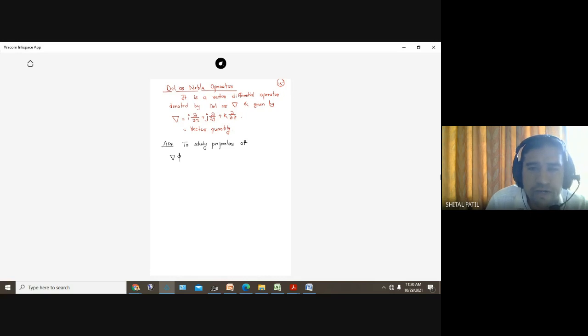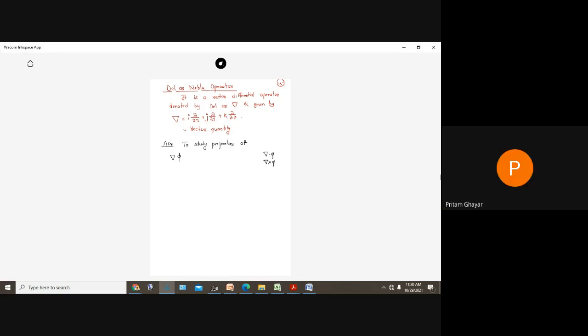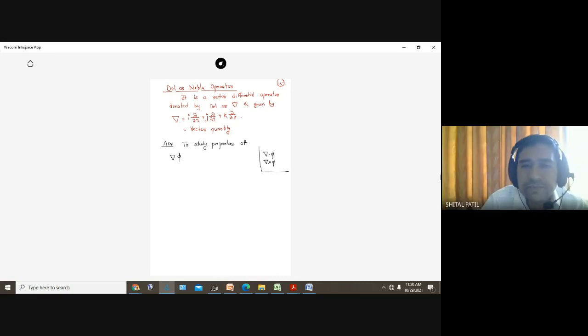Do we write dot or cross between the two? Which is correct, del dot phi or del cross phi? Del is a vector, phi is a scalar. Can we write dot between a vector and a scalar? Studied it in the previous lecture. So this is absolutely wrong. You have to remember this. Dot cannot be written between a scalar and a vector.